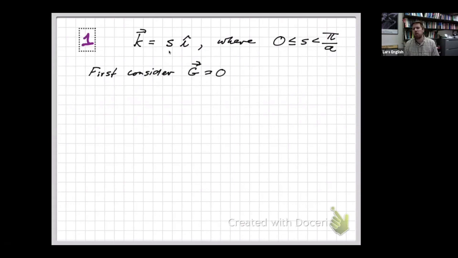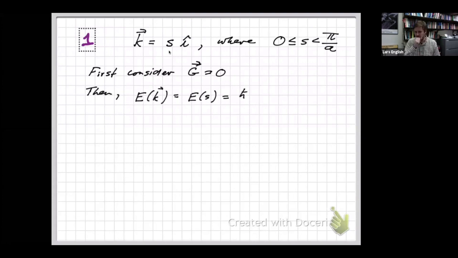Okay. So then consider different reciprocal lattice vectors. Start with no reciprocal lattice vector, G equal to 0. That's the simplest case. And then, of course, the energy can be written simply as h bar squared over 2m times k squared, or in this case, since the length of the k vector is just s, we can write it as h bar squared over 2m times s squared.